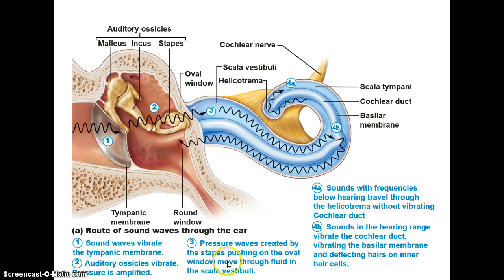But then if you look down here, all of the steps are there: malleus, incus, stapes, amplification. The oval window transmits the vibrations to the fluid in the scala vestibuli. Let's see, for B, if you can hear it, it vibrates the basilar membranes. That causes the hair cells to deflect, and that's what releases neurotransmitter.